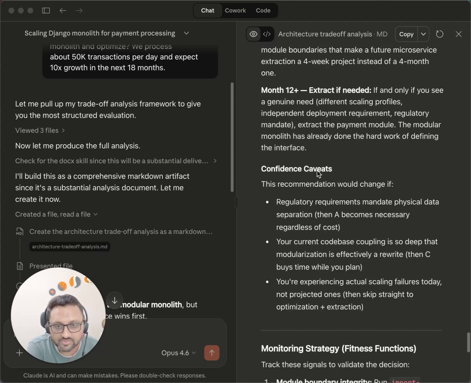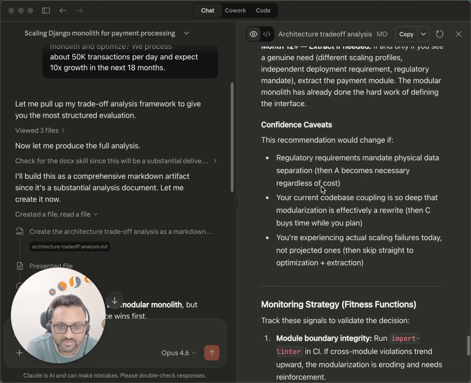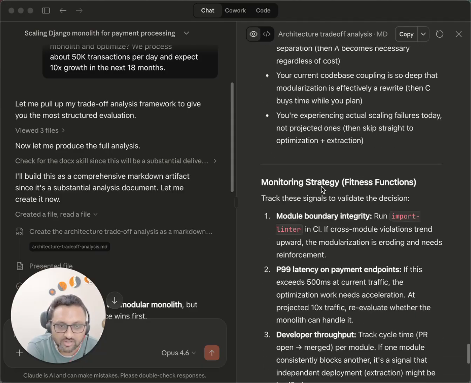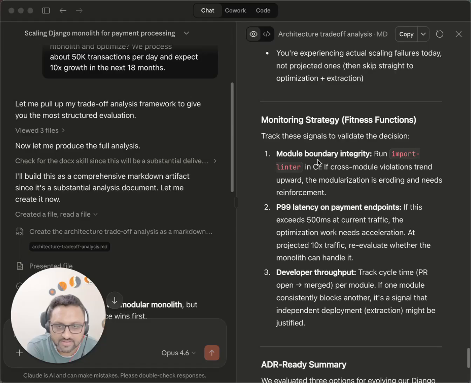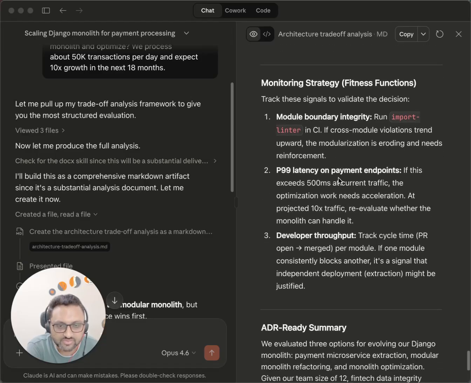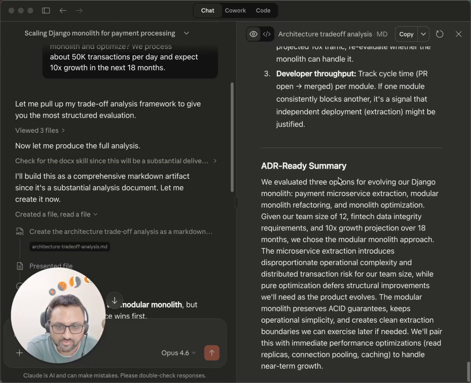It also gives you some caveats to the confidence. It talks about the monitoring strategy. Once you put the strategy in place, it's important to understand what kind of fitness functions you can use to continue to monitor that as well. So it tells you how to build fitness functions to understand whether what you decided is correct or not, and then you have an architecture decision ready summary that you can use to make the decisions altogether.